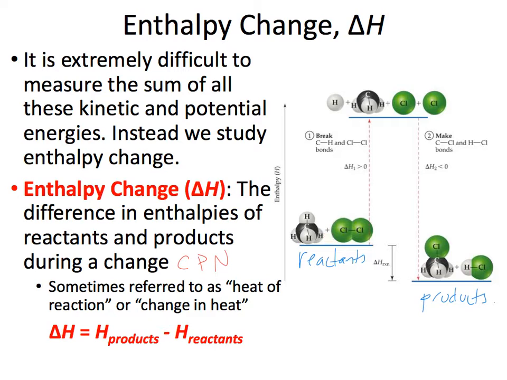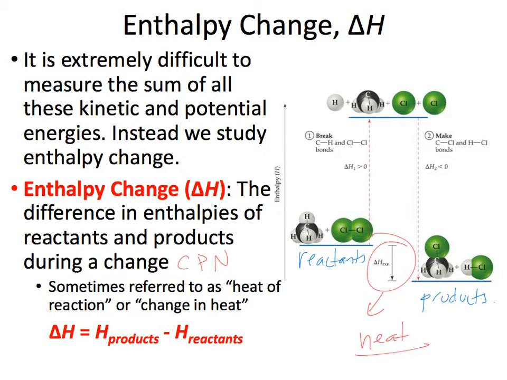Now you can see that going from these reactants, yes, we've added some energy to break the bonds, but we've also made that energy up when we've formed new bonds. Not only that, but we've actually released even a little bit more energy. As you could probably guess, this is our enthalpy change, and this enthalpy change comes out as heat.